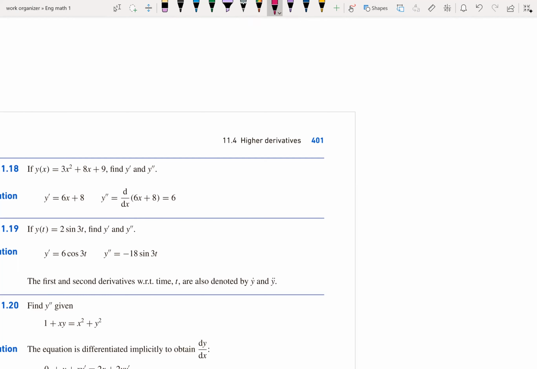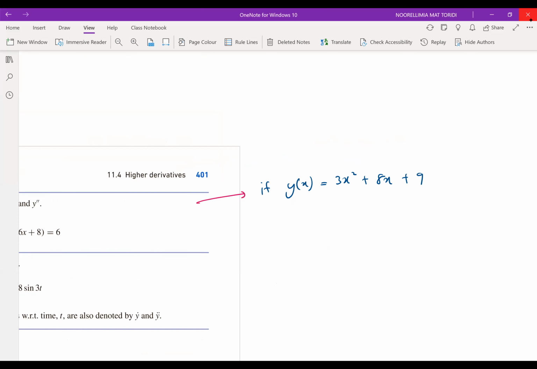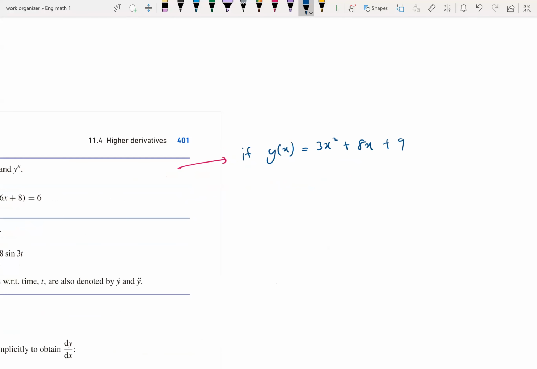If y of x equal to 3x squared plus 8x plus 9, to find the y prime, just differentiate this one with respect to x, so this will become 6x plus 8.